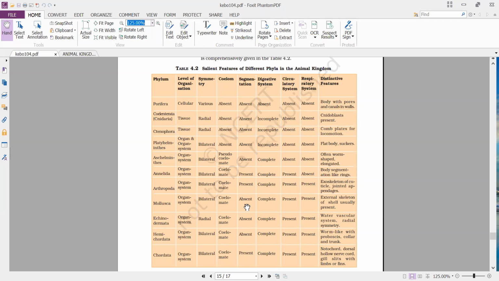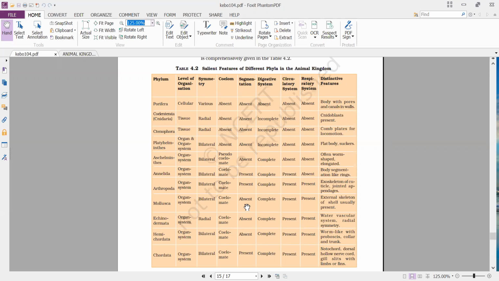And next, coming to the segmentation. The segmentation is present in annelids and arthropods, and also we'll find it in chordates. The metameric segmentation is observed only in annelids, arthropods, and chordates.